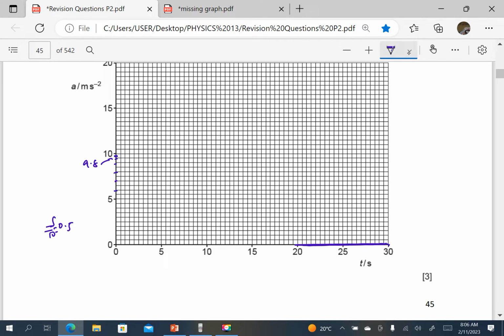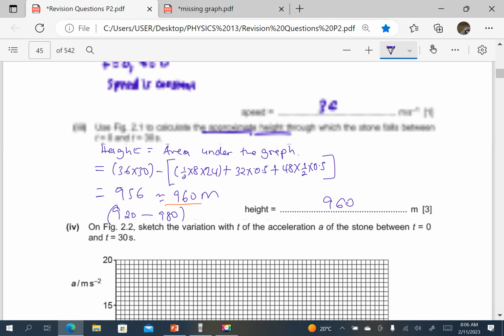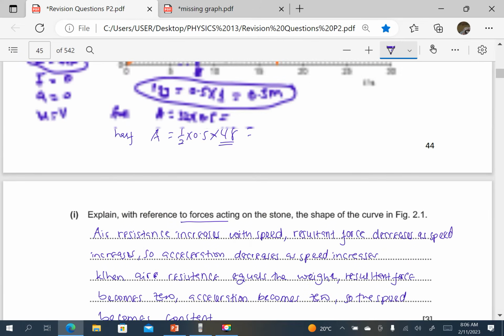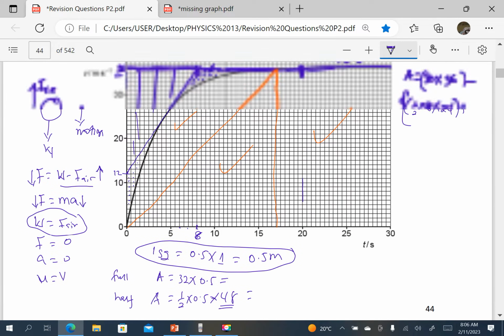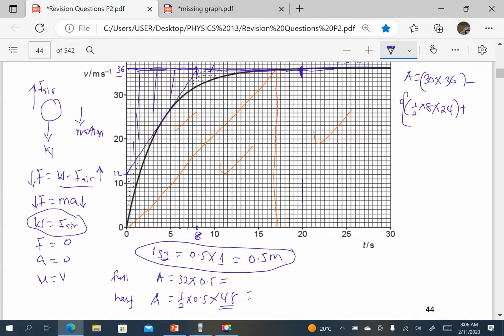And we are seeing that the gradient of the velocity is decreasing. Therefore, the acceleration is decreasing because there is air resistance. So the gradient must be decreasing until we reach 0. I mean, the velocity is having a decreasing gradient with time.